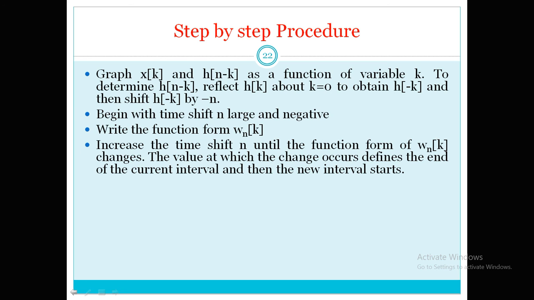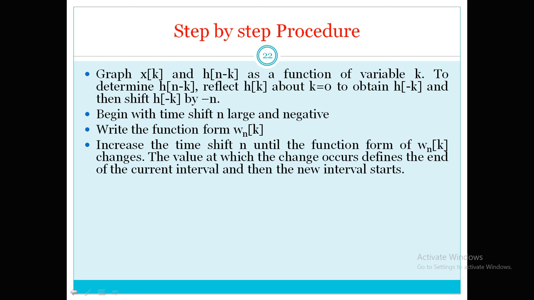For example, if h of n minus k is approaching x of k and it is overlapping with x of k, and once it is leaving x of k, the signal will be changed. Those things will be clearly understood by taking an example, and while going through problems we will do it.